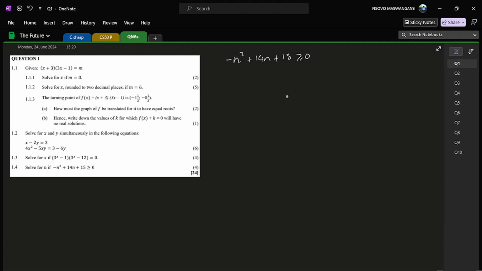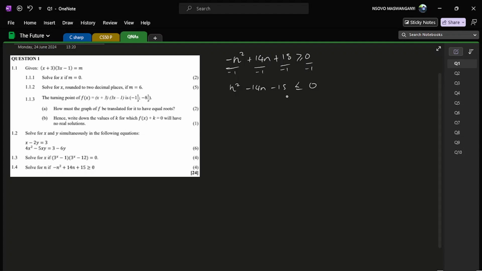So what I'm going to do is divide everything by -1. So in other words, we're going to have this divided by -1, this divided by -1, and this divided by -1, and this as well divided by -1. So we're going to have n squared minus 14n minus 15. The sign changes because we're dividing everything by a negative. So this will be less than or equal to 0.